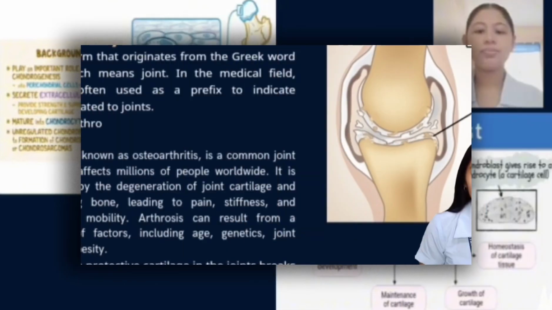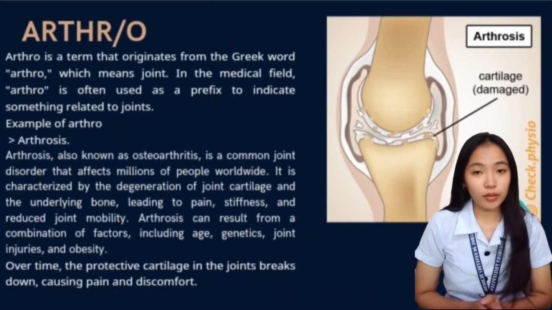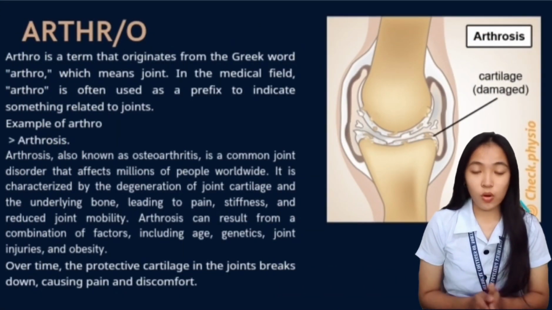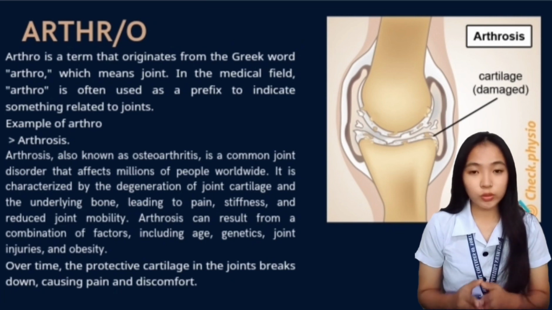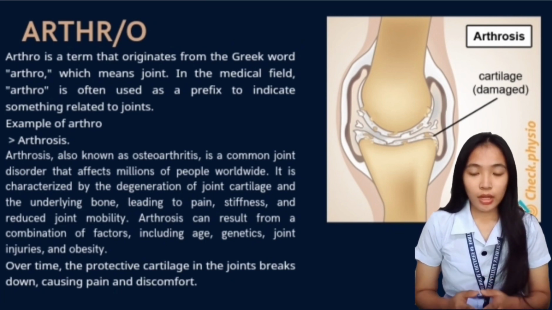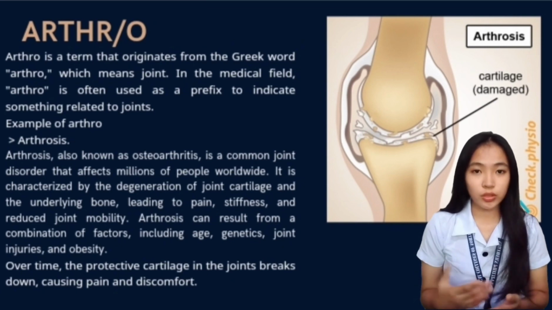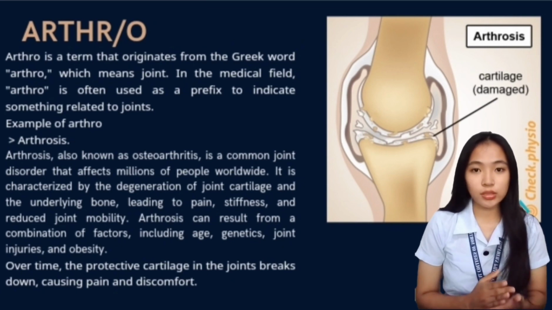Thank you. Now, let's dive into the term arthr or arthro. Arthro is a term that originates from the Greek word arthron, which means joints. In the medical field, arthro is often used as a prefix to indicate something related to joints.